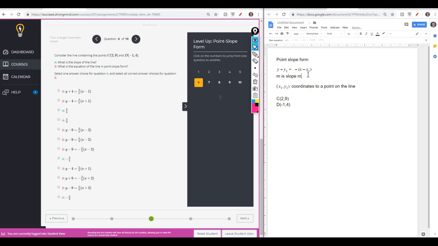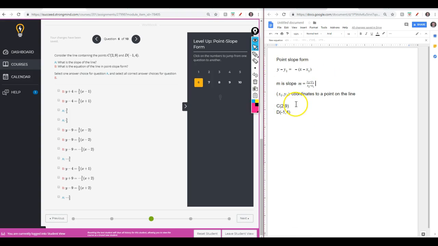This one does give us our 2 points, so this is when I would use the slope formula, which is m equals the vertical change, which is represented by our second y coordinate minus our first y coordinate, divided by our second x coordinate minus our first x coordinate.